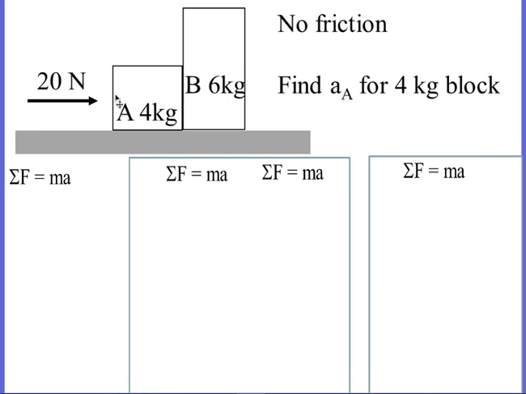Well, 20 newtons acting on the 4 kilograms, that means that there ought to be an acceleration of 5 meters per second squared. And you get the problem wrong. And the reason you got the problem wrong is you didn't appreciate all the forces that were there. And that's why you need to do a free body.